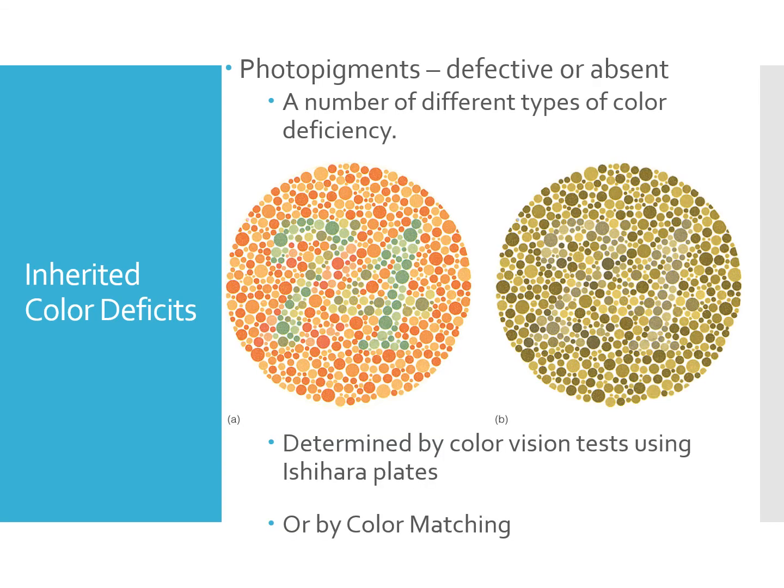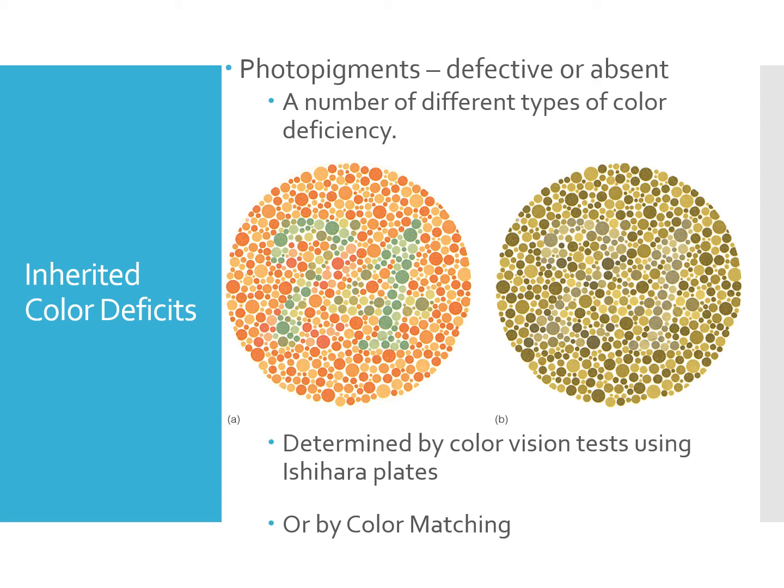When we are talking about inherited color deficits, what's happening is that we have those photopigments, if you remember, making up the different photopigments in rods and in the different kinds of cones, and for some of us, those are either defective or absent.